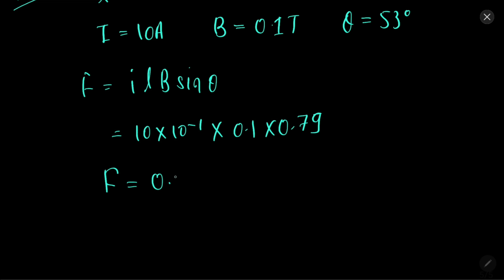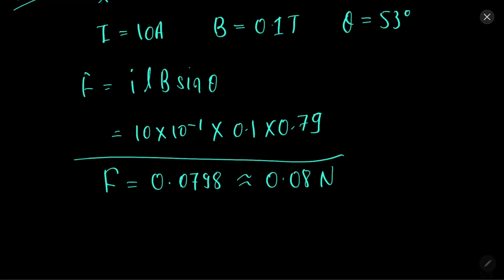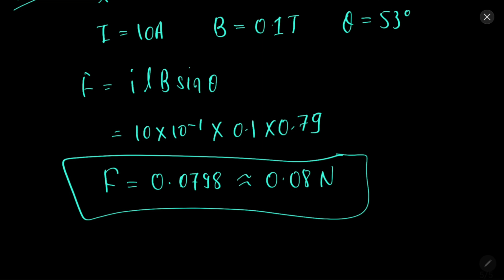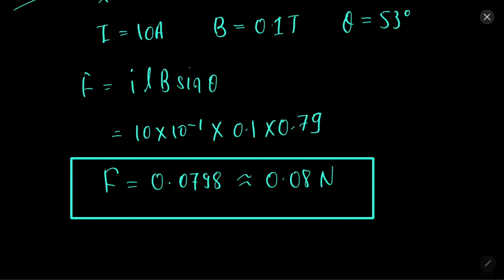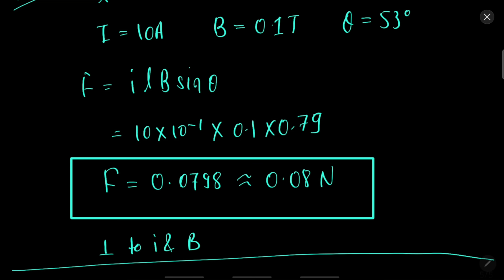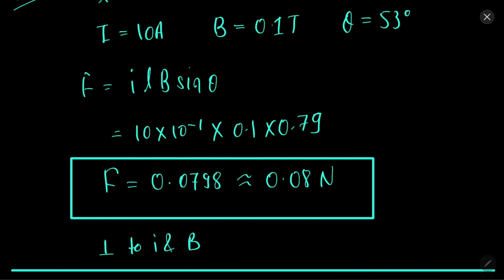So force will be 0.0798, approximately 0.08 Newton. This will be the force. Now this direction will be perpendicular to both I and B. It can be found out using the right hand rule.